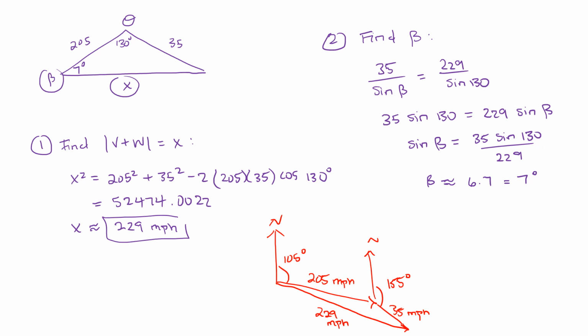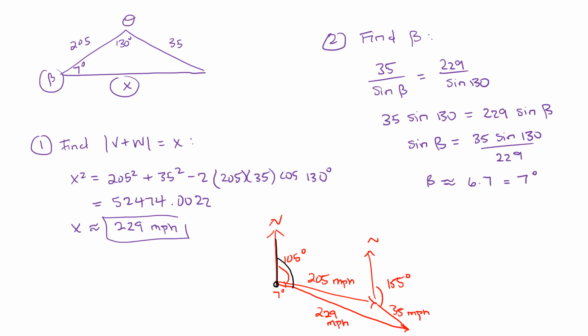And we now need to find the true course from the plane. And we found this short angle here, which was beta, is 7 degrees. So the true course from the ground is going to be the total angle distance clockwise from where the plane originated from.